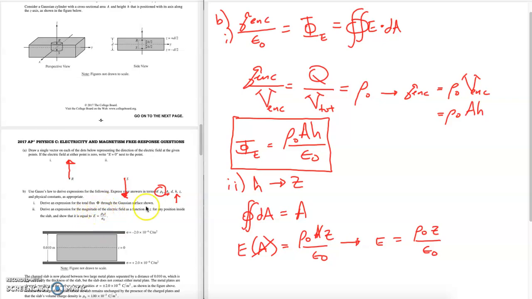Notice how they told us the answer, and we just had to show them how we got it. So we had to show first that we're going to turn h that was given into a variable z, and we're also going to use the right side of Gauss's law up here, flux is equal to electric field dA, and we're going to say the area is just A, and that will cancel out the area.